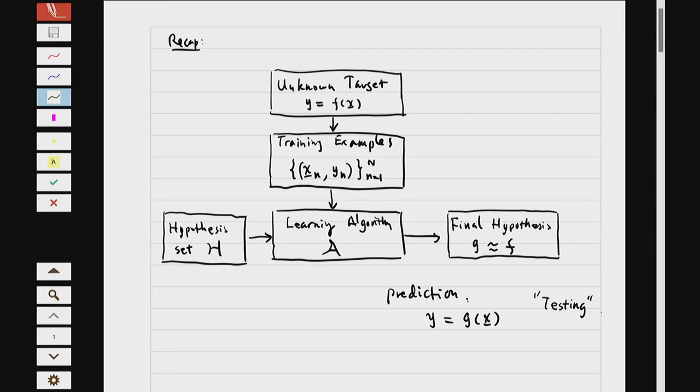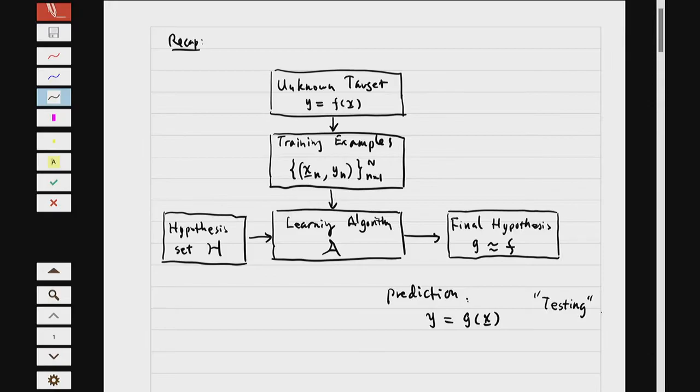We don't have f, but what we do have are a set of training examples, the so-called training data set, that were generated, if you will, from the true target function f. So we have a set of training examples, and that's all that we have. We don't have the real target function, but we want to learn about it using these examples.